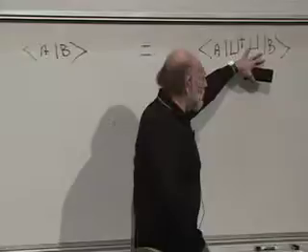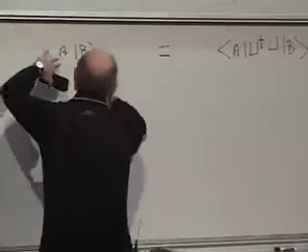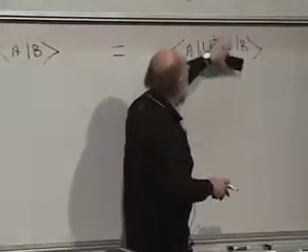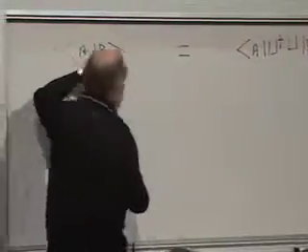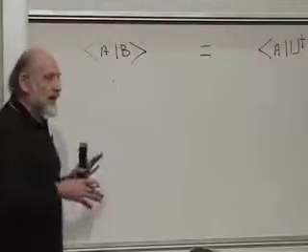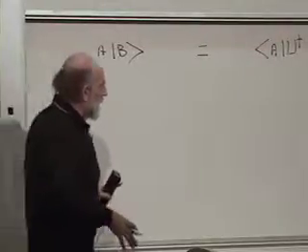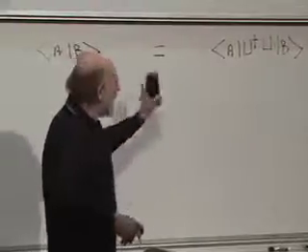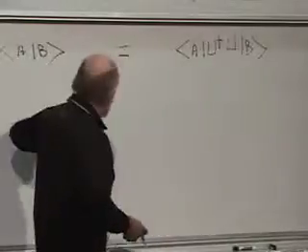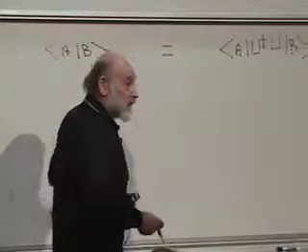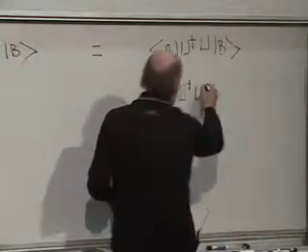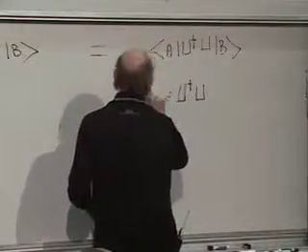If U preserves relationships, then for any pair of vectors A and B, A U dagger U B should be equal to AB. But if for any vectors A and B, sticking an operator in between them does nothing at all, then it follows, this is a theorem, that U dagger U must be the identity operator.